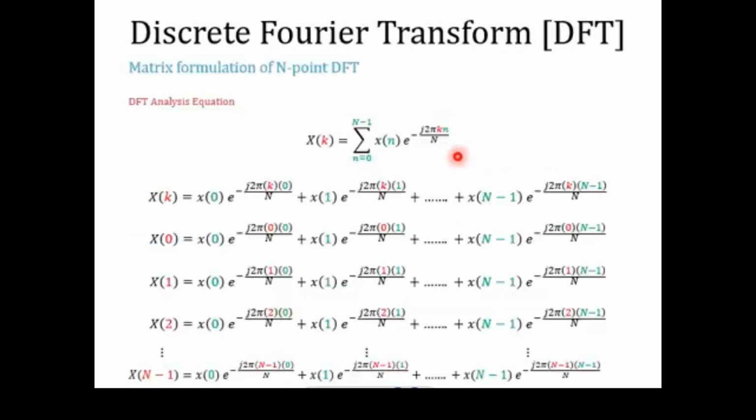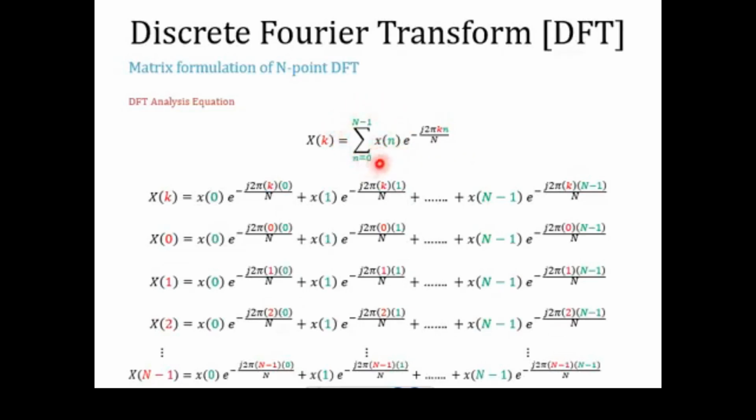This is the analysis equation of N-point DFT, and in order to convert this equation in the form of matrices, firstly we will check how many equations we will get after expanding this summation.